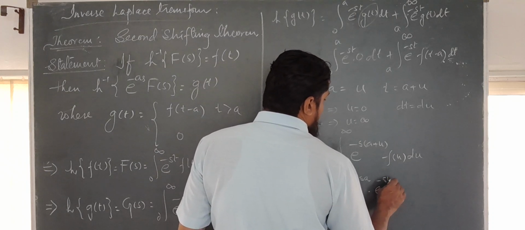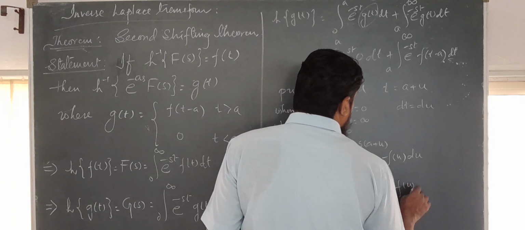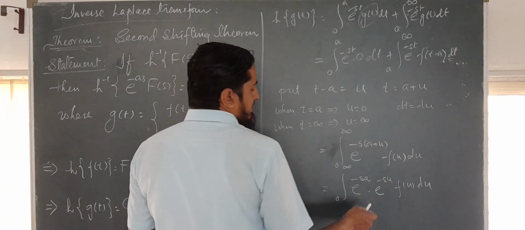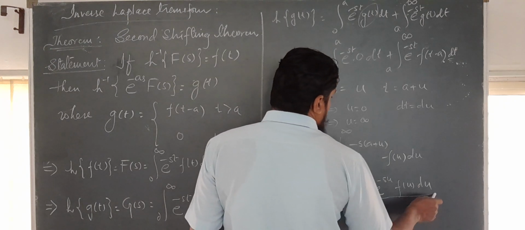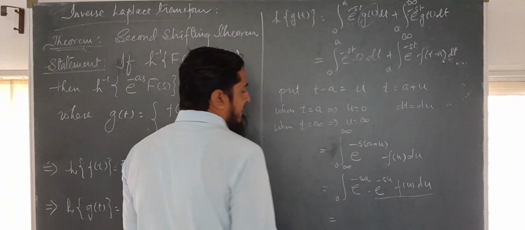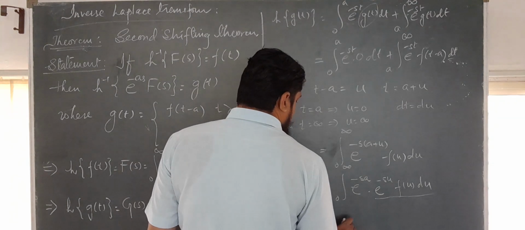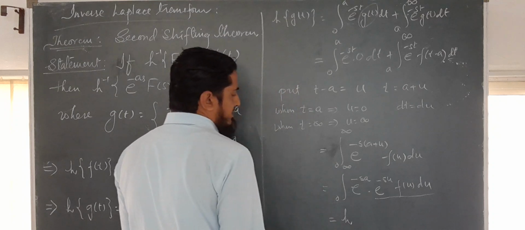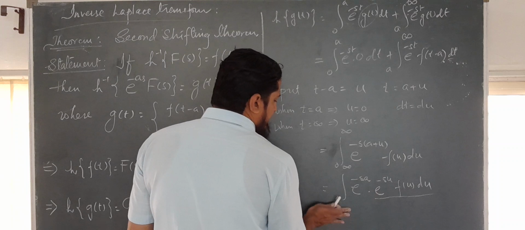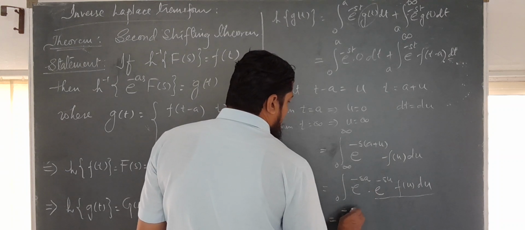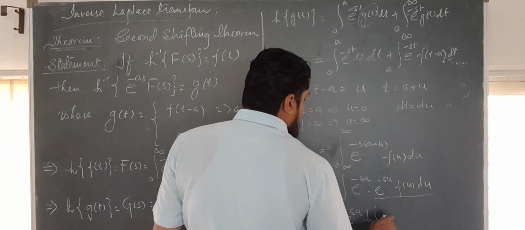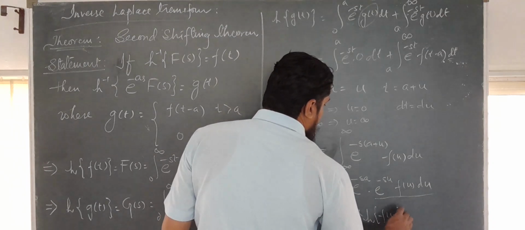Now using the law of indices we will get e raised to minus sa into e raised to minus su f of u du, and since integral of e raised to minus su f of u du is a Laplace transform, we can write it as e raised to minus sa, since it is free from u, we can take it outside, and it is the Laplace transform of f of u.